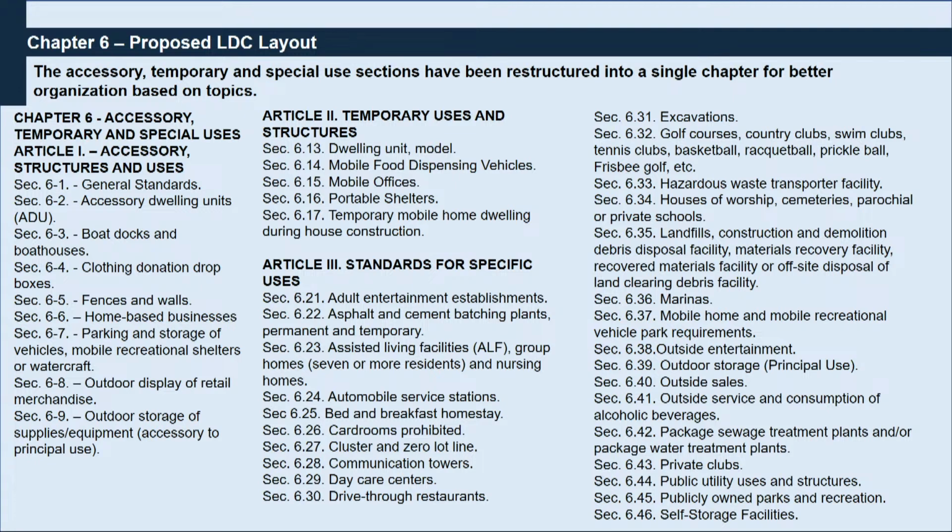Everything will be found in one chapter. As you see in the chart, it's very inclusive, covers any type of accessory use, any type of accessory structure, any type of temporary use, including some things added last year, such as food trucks or food dispensing vehicles.